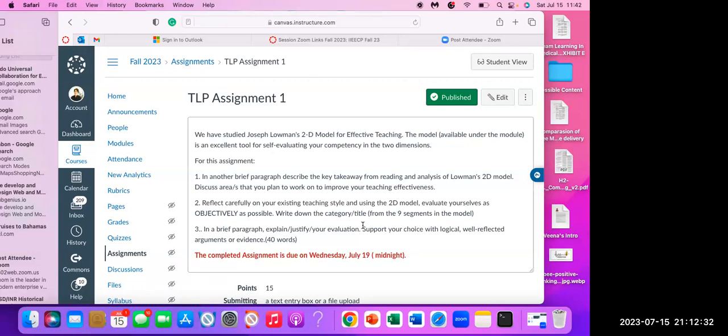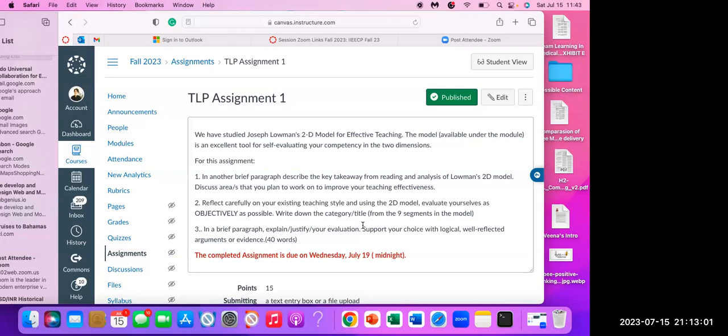I know no transformation can happen, even in a 5-year-old kid, unless the kid wants to transform. You can keep saying, improve your handwriting, he's not going to improve it. He's only going to improve his handwriting if he wants to. So the effort is here to make them want to do things. So I'm hoping that you would want to do that.